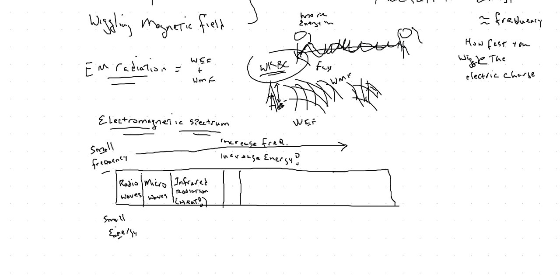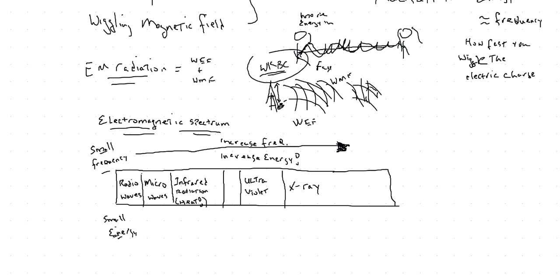Now, if you keep wiggling it faster and faster, increasing the frequency, then we get what's called ultraviolet radiation, the stuff that gives you skin cancer. And if you wiggle it faster than that, you get more energy, and that's what we call an X-ray.